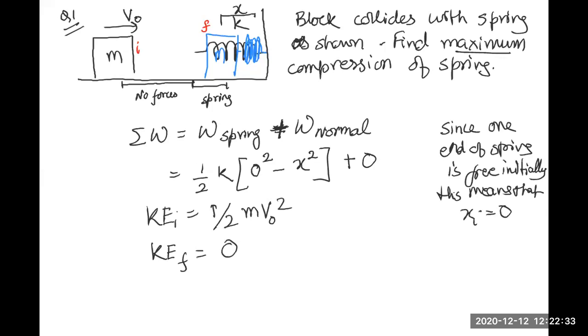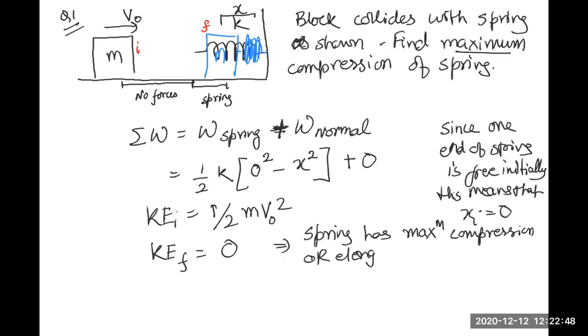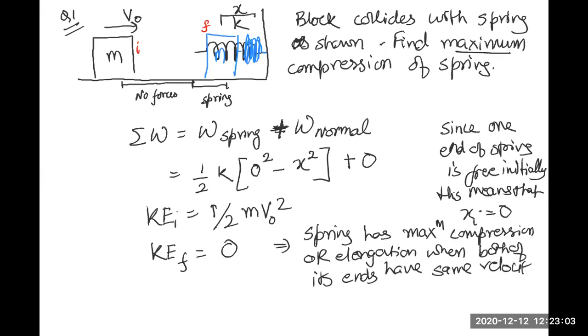Okay, and this is very important. So the spring has maximum compression or elongation when both of its ends have the same velocity.